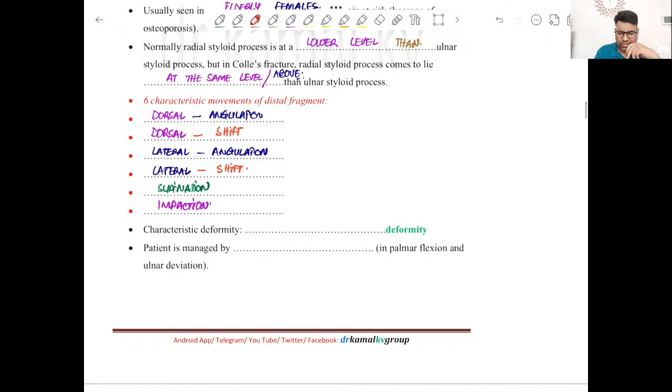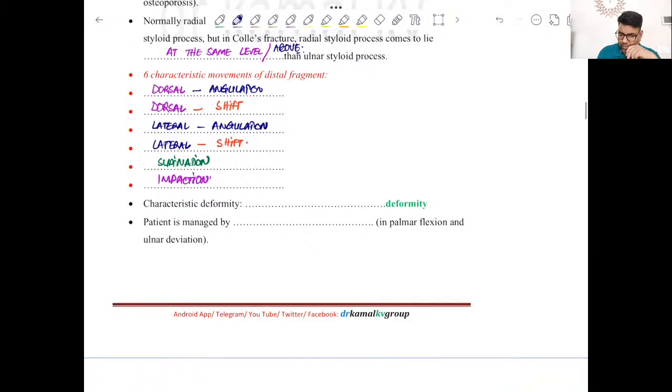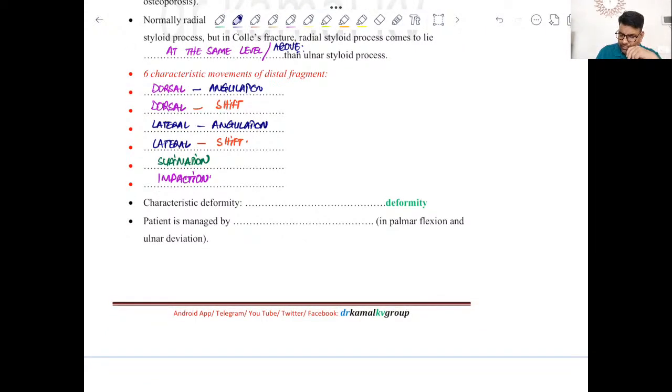Then supination and impaction. And why I am mentioning these deformities, because when we reduce it, we try to keep the wrist in the directions opposite to the movement of the distal fragment, and therefore we keep the wrist in palmar flexion and ulnar deviation. Sometimes you can also get the word medial deviation.